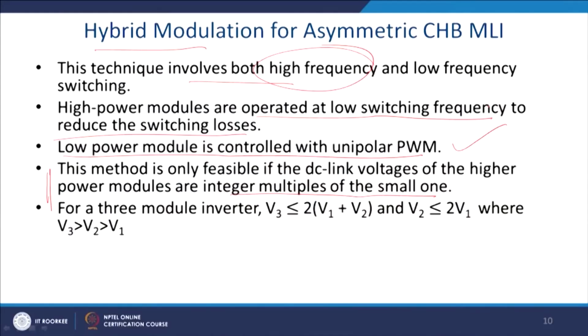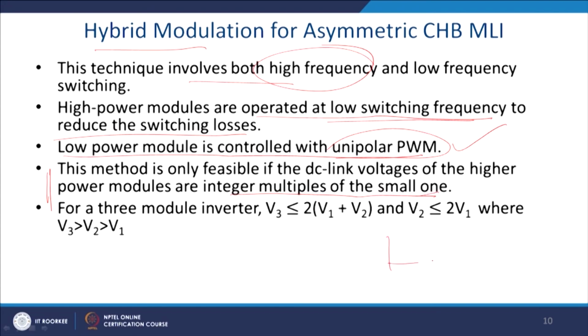Some cascade H bridge made of GTO, some cascade H bridge made of IGBT. So, those made of GTO, of course they can handle more amount of power, and they will operate at the low switching frequency to reduce the switching losses. And the lower power module is controlled by the unipolar PWM, and this method is only feasible if the DC voltage of the higher power module is an integral multiple of the small one.